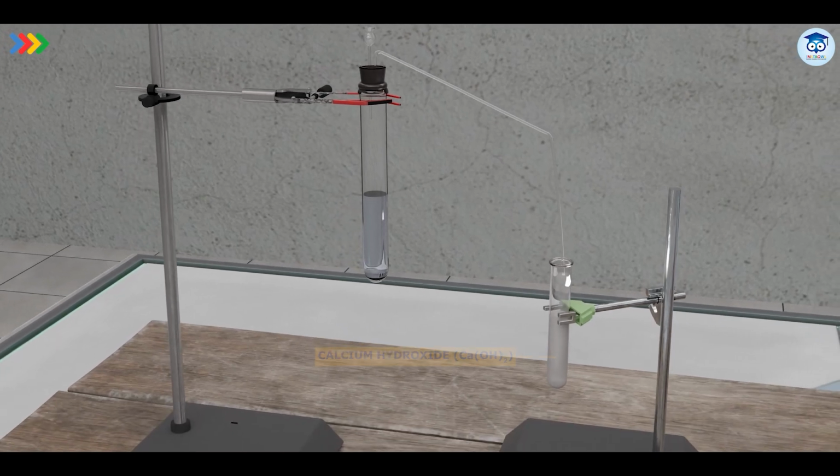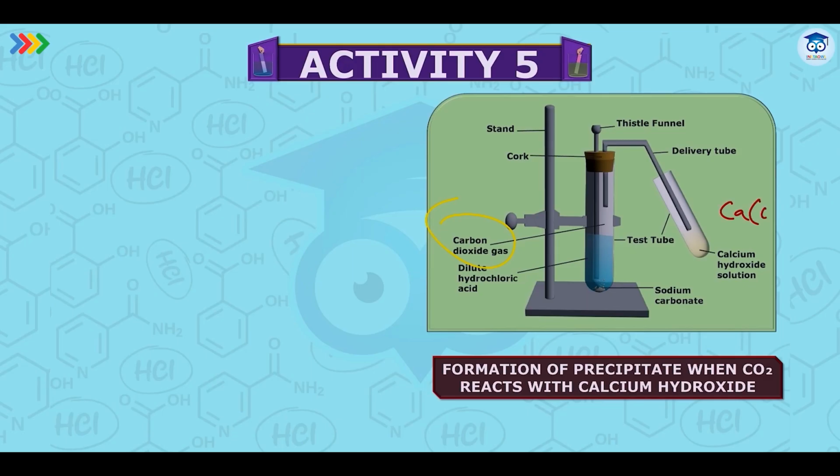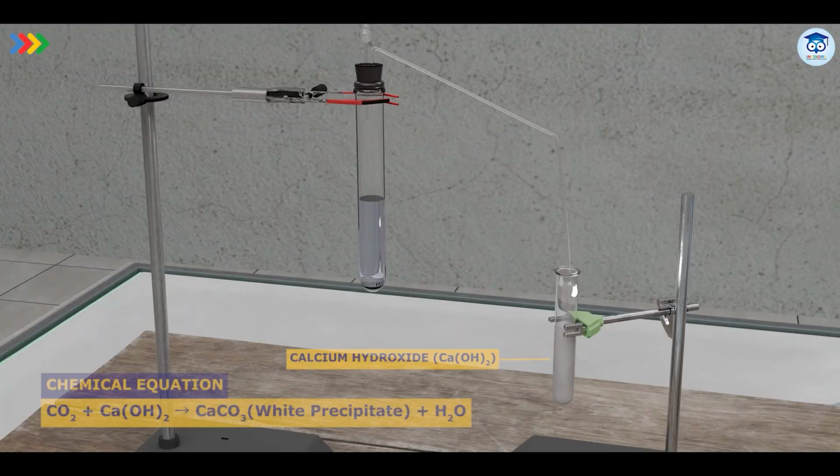Calcium hydroxide solution is Ca(OH)2. This is our lime water. The moment carbon dioxide gas passes through Ca(OH)2, the lime water becomes milky. It will be milky in color. This milkiness shows that the gas passed is carbon dioxide. Hence, lime water turning milky is a characteristic test to identify carbon dioxide gas.